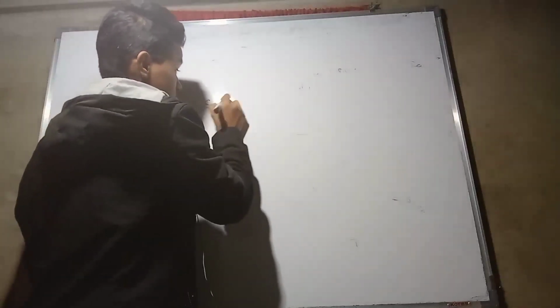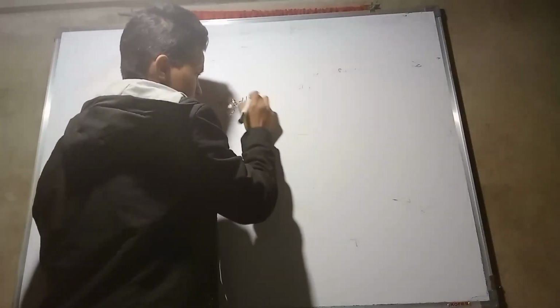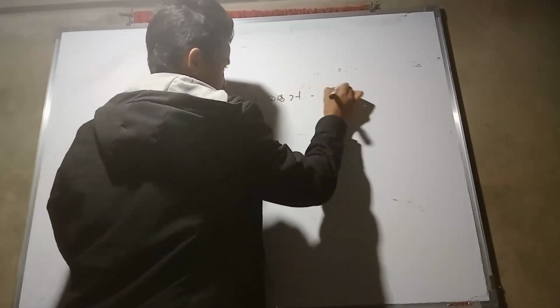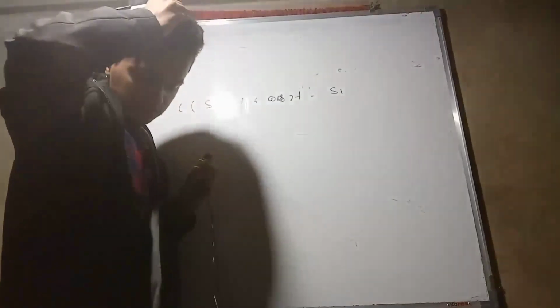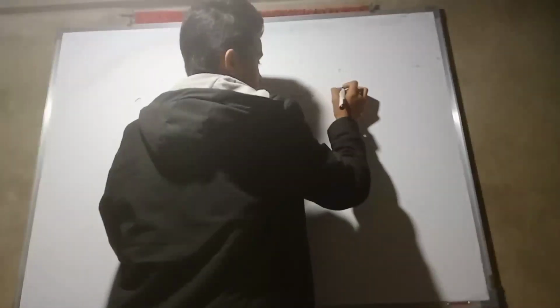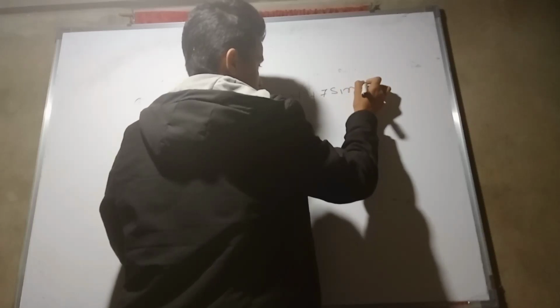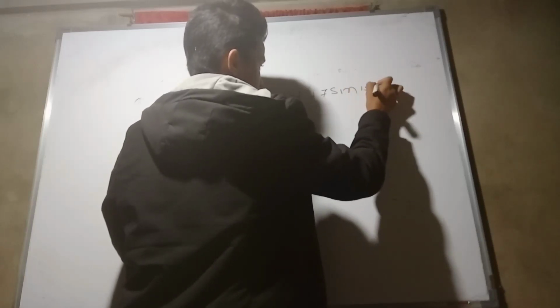Now find the Laplace transform of sin 3t plus cos 2t minus 7 sin 15t.